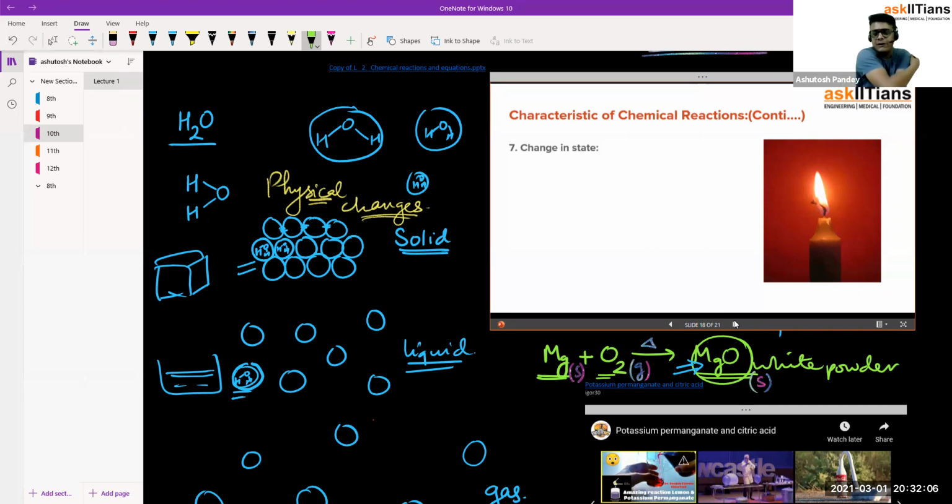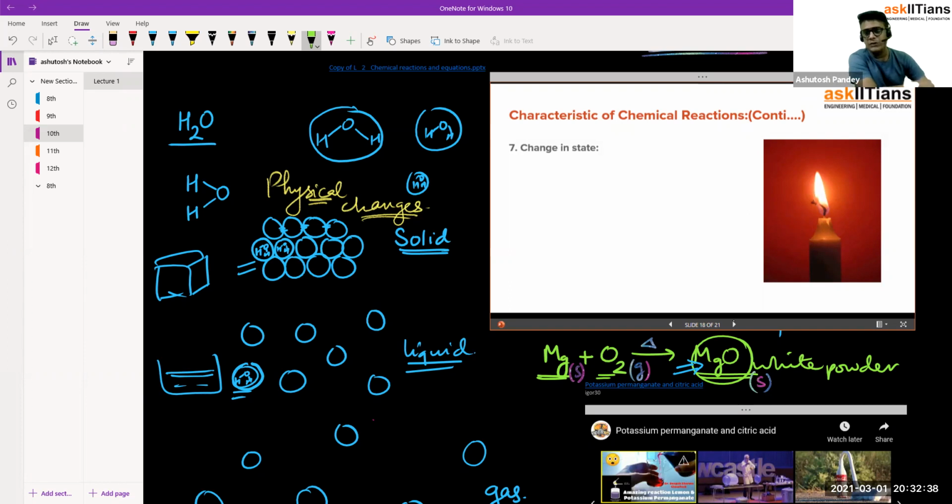It will react with the oxygen present in air and form CO2 and H2O. So we can write wax plus oxygen, arrow, CO2 plus H2O plus heat. This heat is also going to evolve in this reaction.